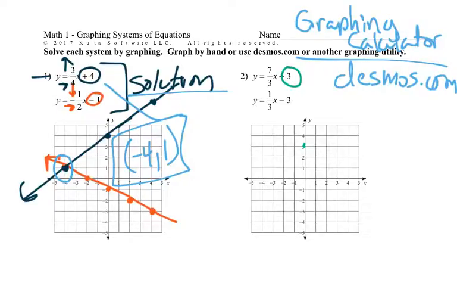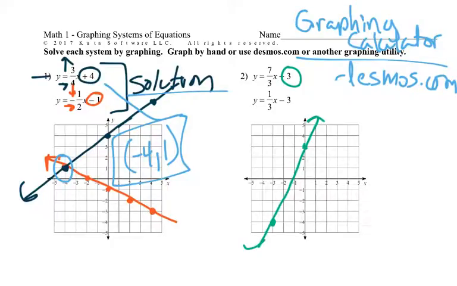Okay, let's take a look at number 2 now. Y-intercept of positive 3, slope of 7 over 3, so I could go up 7 to the right 3, or I could go down 7 to the left 3. Which would probably be easier considering my answer should be somewhere on this little graph.